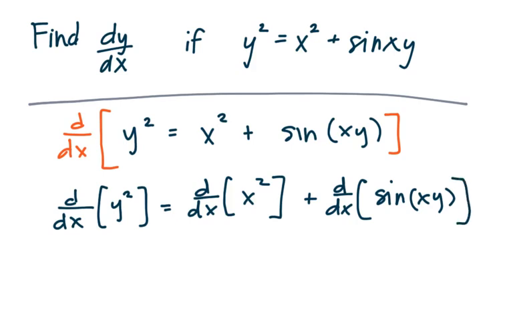So we have three terms here. We're going to take the derivative of each. So the first term, taking the derivative of y squared, that's going to become 2y. But because I'm taking the derivative of y with respect to x, I write dy dx at the end.